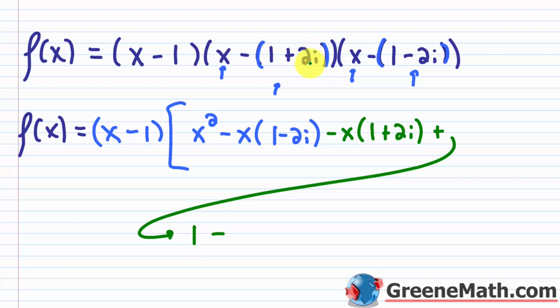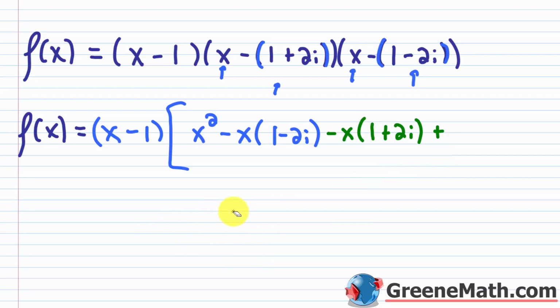So if I take 2 and square it, I get 4. If I take i and square it, remember, i squared by definition is negative 1. So this would be negative 1. So really you have negative 4 times negative 1, which is positive 4. So 1 plus 4 is just going to give me 5. So I can write this as 5 here, and that allows me to fit everything on my screen.